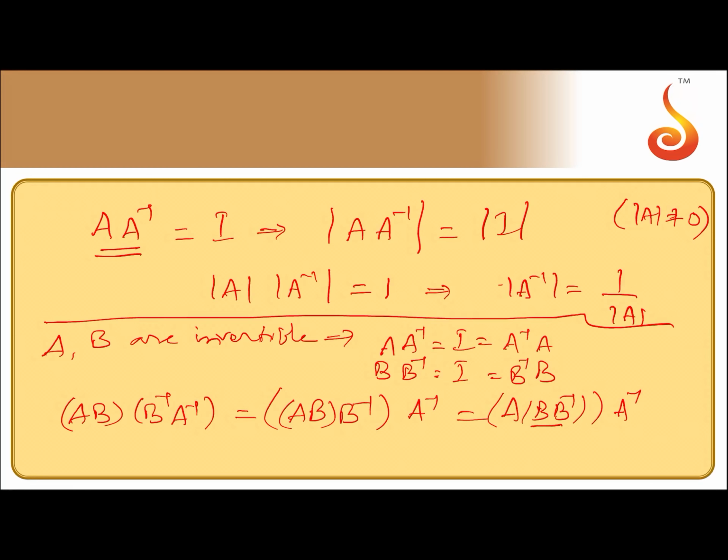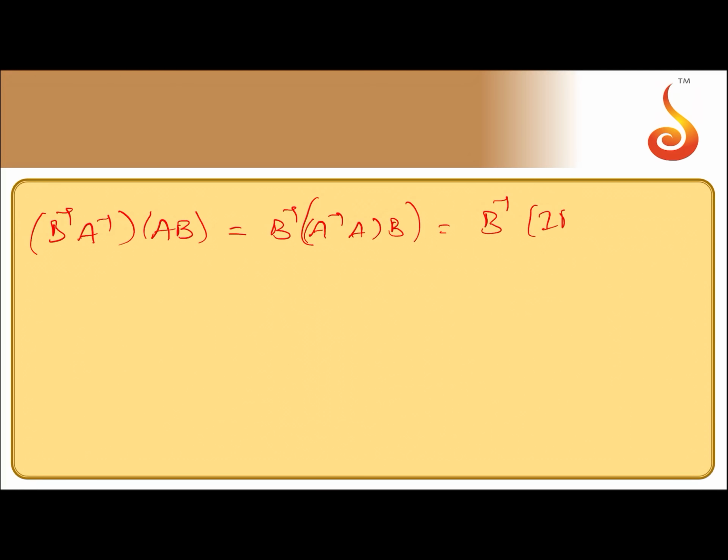We know B into B inverse is a unit matrix. So A into I into A inverse, that is equal to A A inverse, because unit matrix into A is A itself. And A into A inverse is nothing but the unit matrix. So AB multiplied by B inverse A inverse is equal to the unit matrix, you got it.